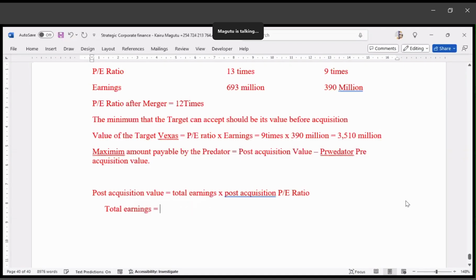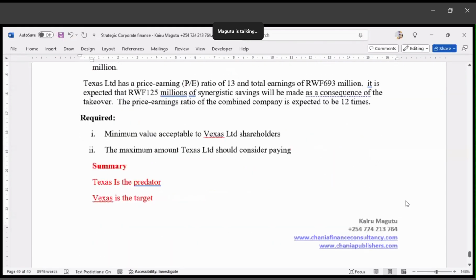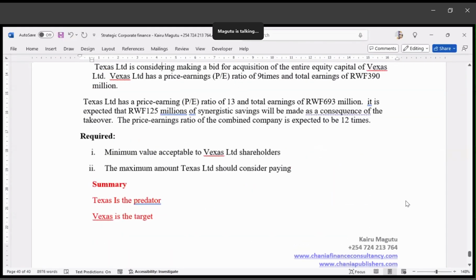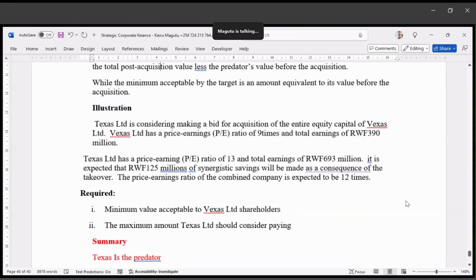How much is the total earnings? If we go back to the question, it is the earnings of the target, the predator, and the synergetic gain. So it is 390 plus 693 plus 125 synergetic gain.